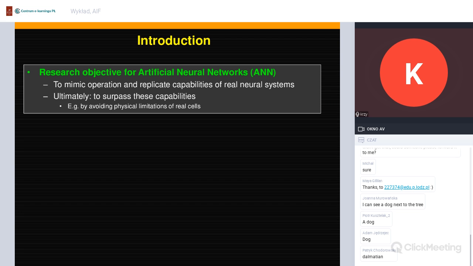And that was the goal. The goal was to try to understand biology, physiology, the way of operation of our nervous systems, hoping that if we get it, we will be able to build algorithms or devices, because maybe we will ultimately try to implement all these artificial neurons in hardware.